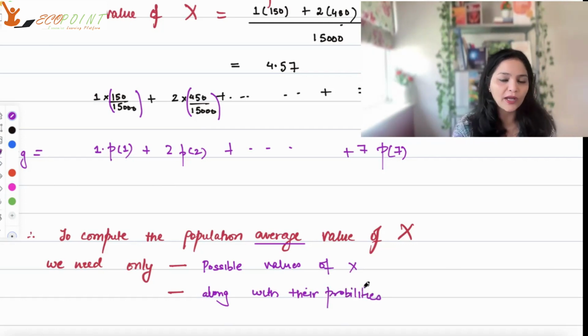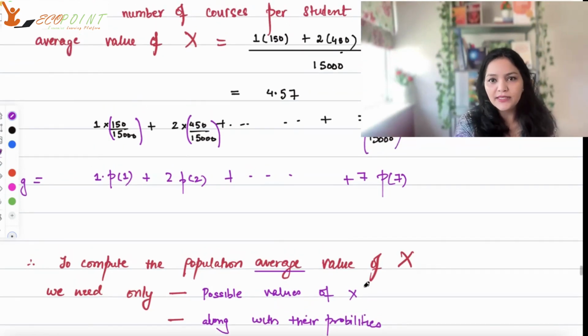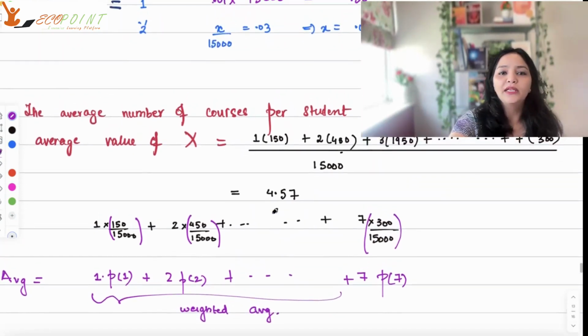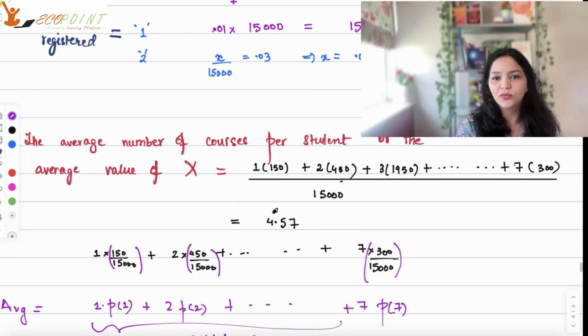These are the two things you require, and just as in this example, from the simple formula of calculating mean, you can translate it in terms of a random variable and the probabilities associated. It's nothing but a weighted average. As you can see, more weight has been provided to 3, 4, 5, and 6.